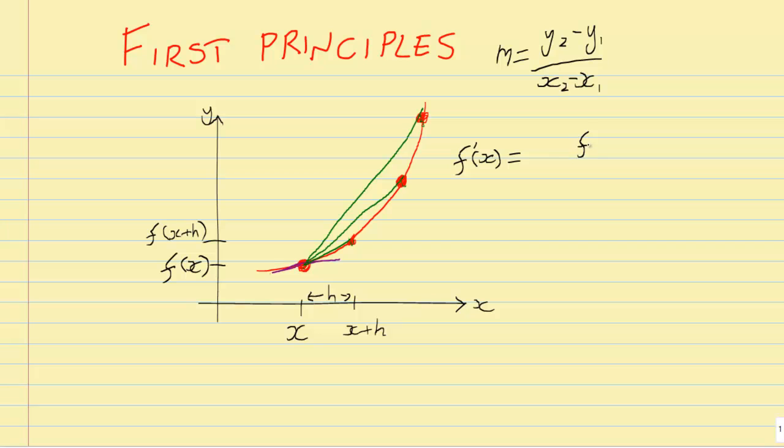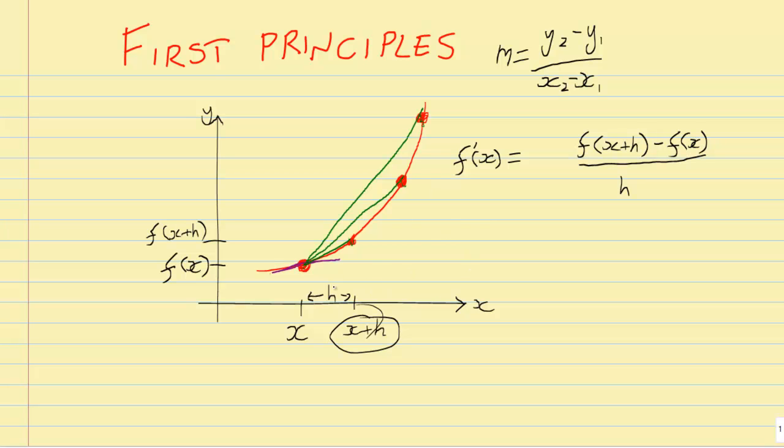And in this case, y2 is f of x plus h, and y1 is f of x. Now that's going to be divided by x2, which is this point here, so that is x plus h, minus x1, which is just x. So if we cancel those out, you can see that we've got x and a minus x, so that's going to disappear, and now we're just left with h down the bottom.